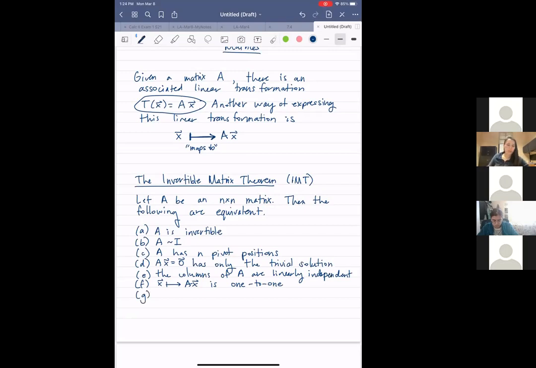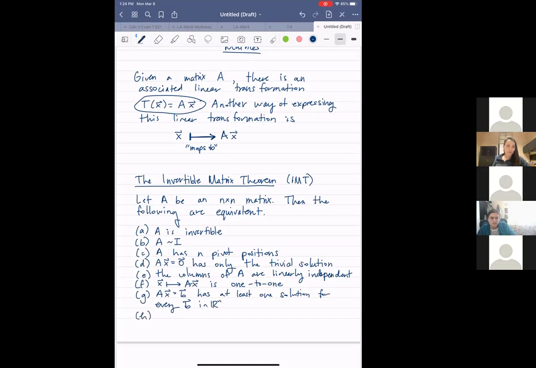G, the matrix equation Ax equals b has at least one solution for every b in Rn.